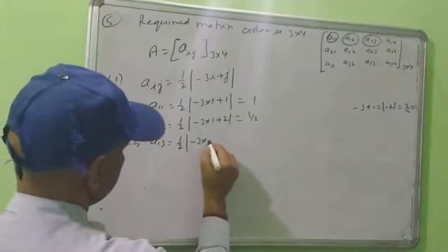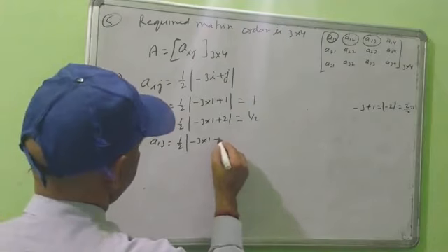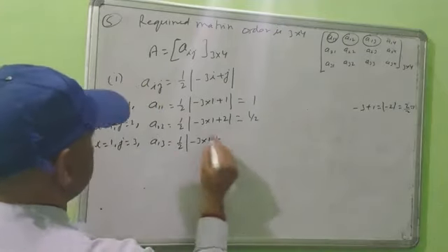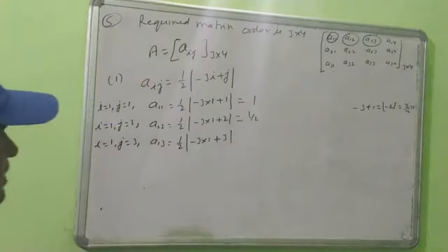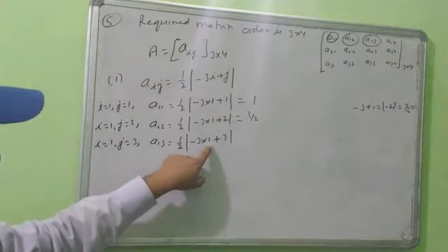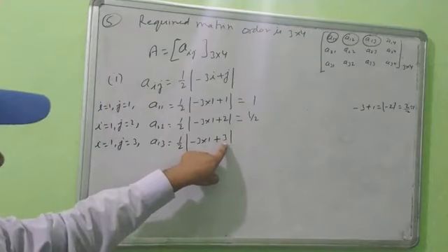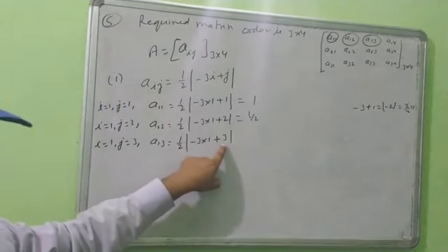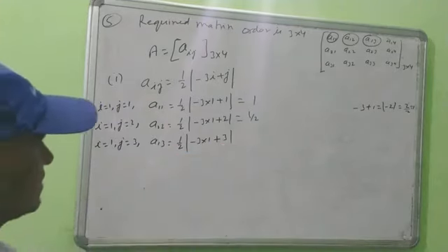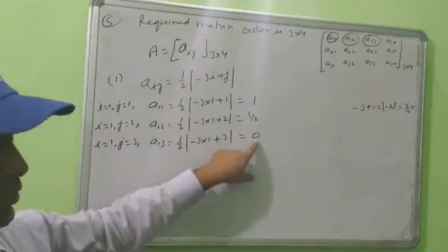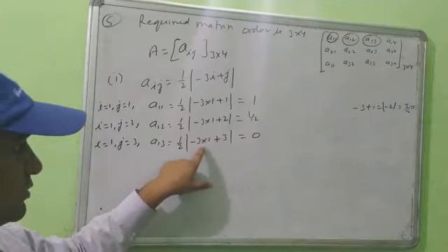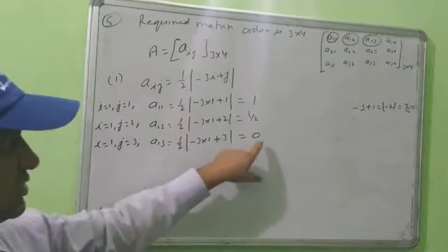Minus 3 into 1 plus 3, where this is 3i plus j. The i value is 1, j value is 3. So minus 3 plus 3 is 0, and 0 into 1 by 2, the total result is 0.